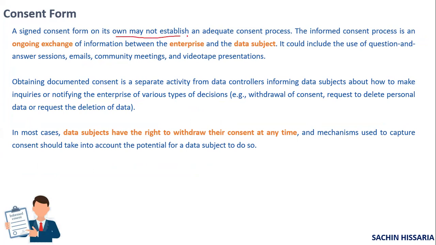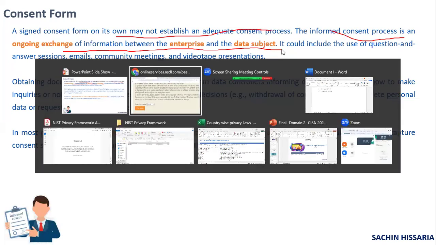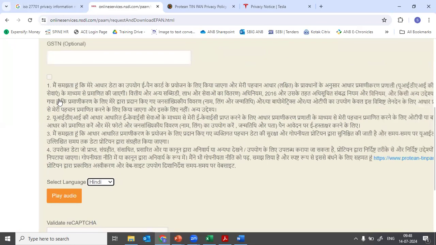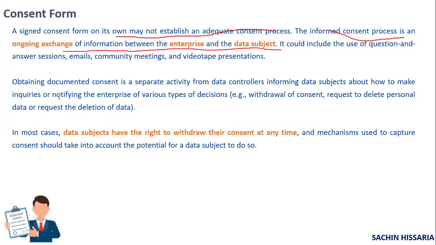A signed consent form on its own may not establish an adequate consent process. The informed consent process is an ongoing exchange of information between the enterprise and the data subject. So basically, when you are collecting this information, you are taking a consent, but after that also there has to be a regular exchange of information between an enterprise and the data subject.